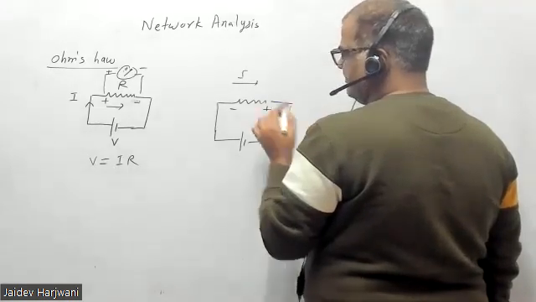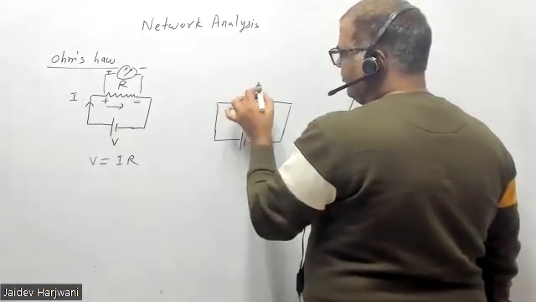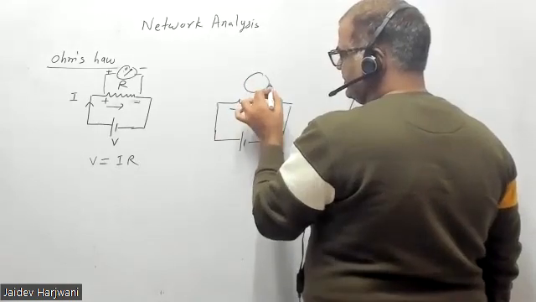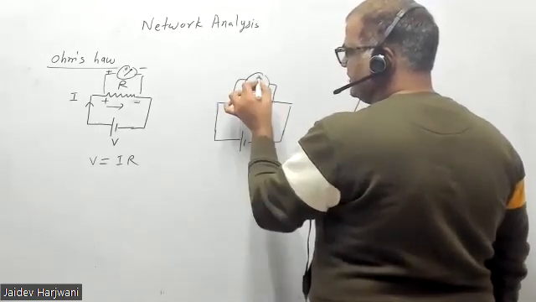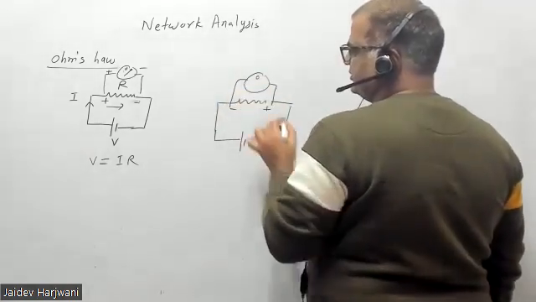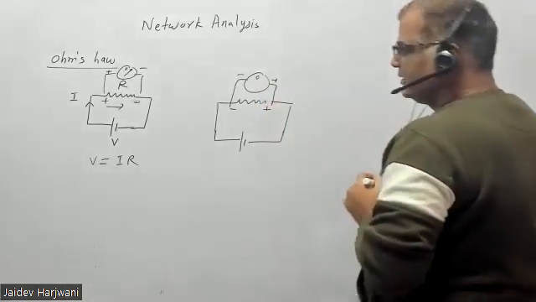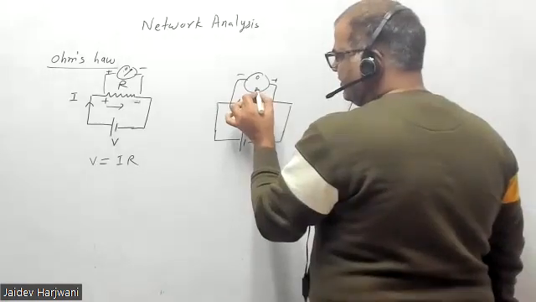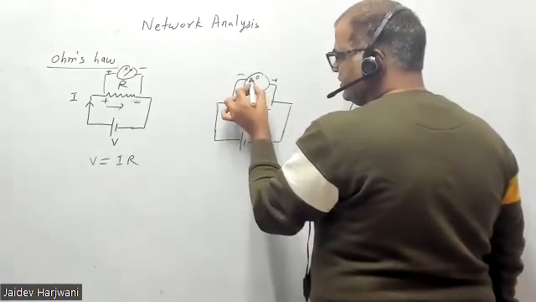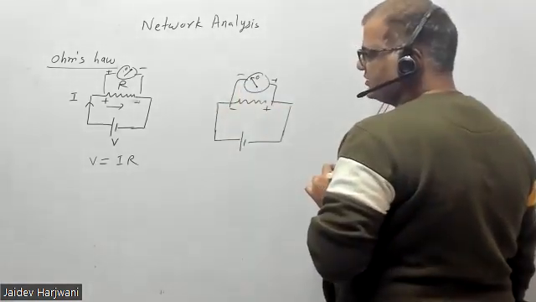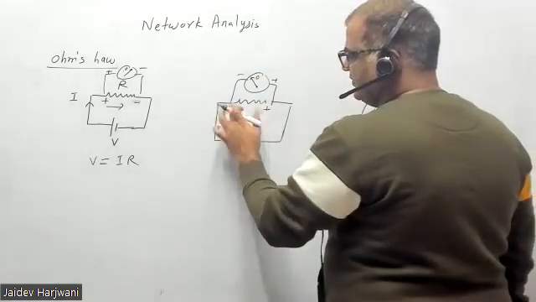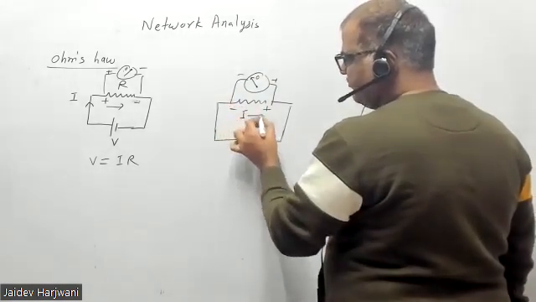That means now my voltmeter is like this. This is 0, this is positive, this is negative. So in this case, my voltmeter will show voltage like this. That means now this is my I flowing here.